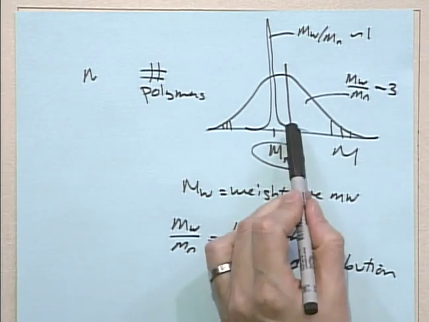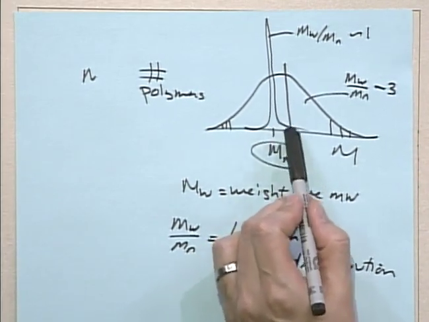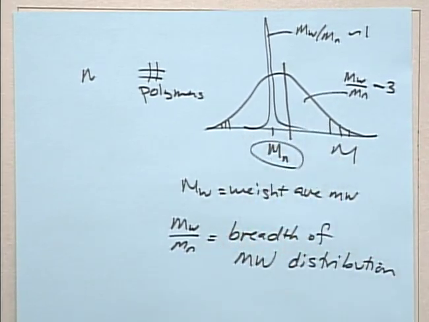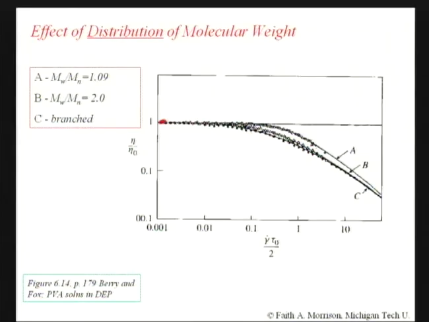So even if you have two materials with the same average molecular weight, they can have different breadths of molecular weight distribution. And what that does is it takes a shear thinning viscosity curve, and as you broaden the distribution, it broadens how the curve transitions from the zero shear plateau to the high shear rate region. These have all been normalized and shifted onto the same scale so that you can just see the effect of molecular weight distribution.